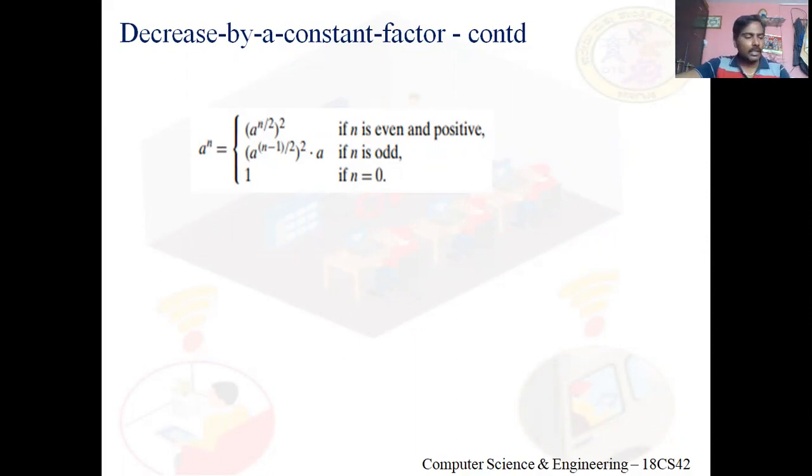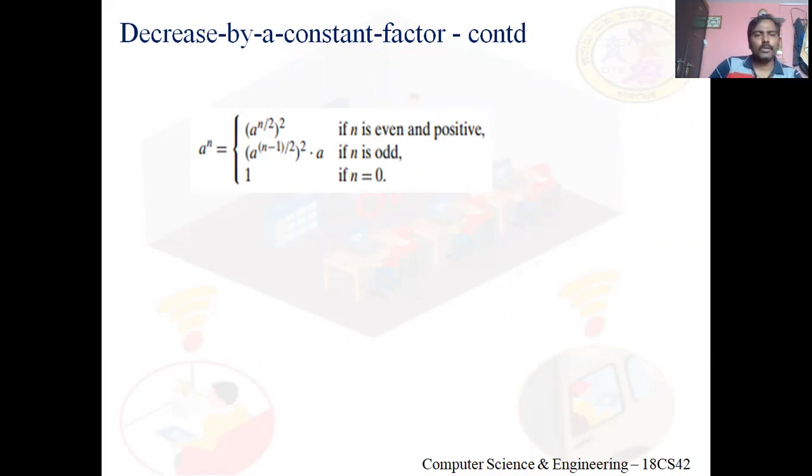And in this case, a to the power 6 is nothing but the square of a cube. Clear? This is the relation between a power 6 and a power 3. Got it? Means the square of a power 3 is a power 6. Now, if n is 0, it's understood a to the power 0 is 1.